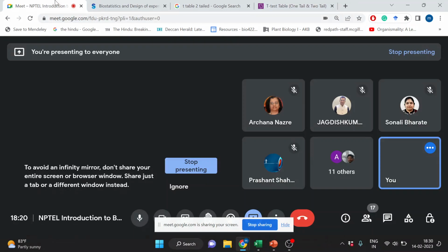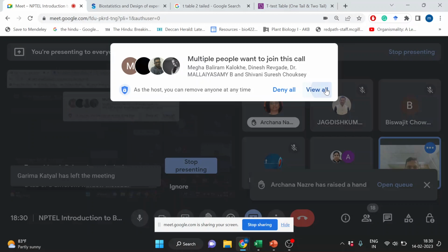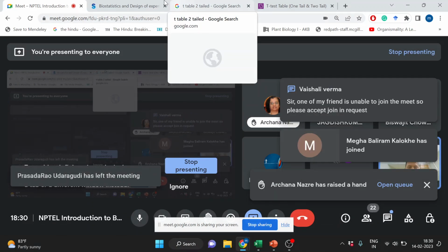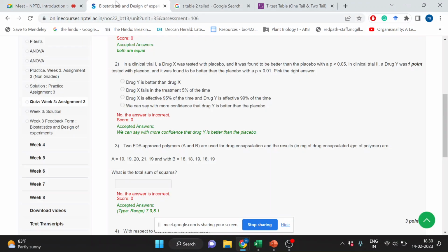I'm assuming so. Did everyone get that? In that particular case, if the mean difference is a positive value, then A is better than B. Am I right?